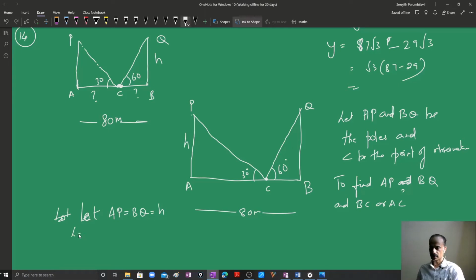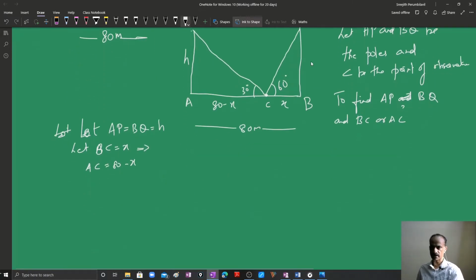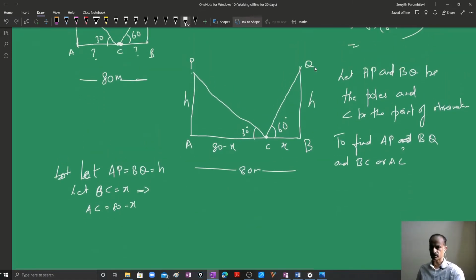Let BC be equal to X, which implies AC is equal to 80 minus X. So total is 80. This is X, the other one is 80 minus X. Now we look into these triangles. This is H. Take two triangles and find out. We need X as well as H.